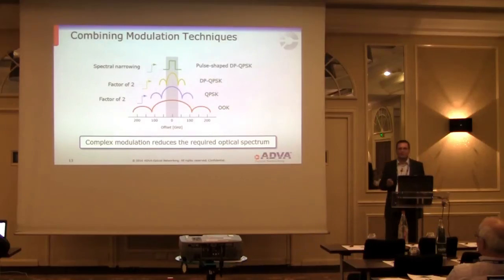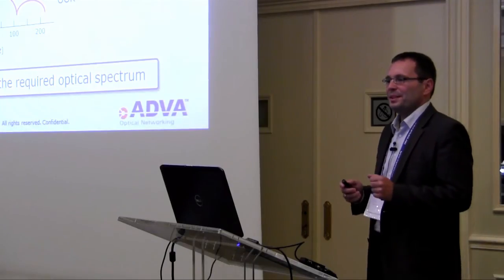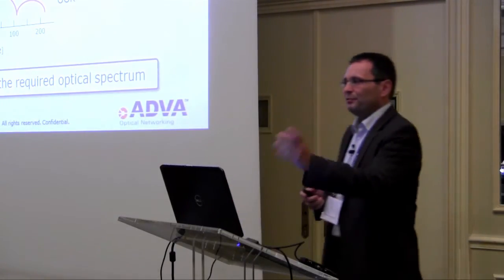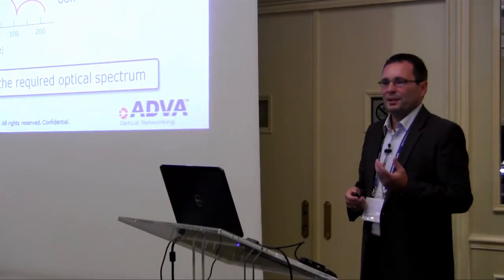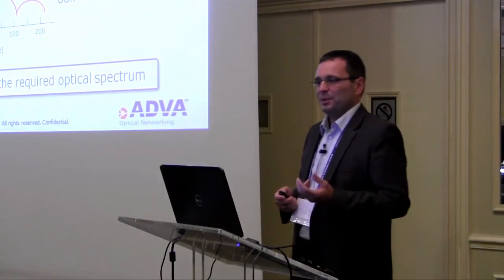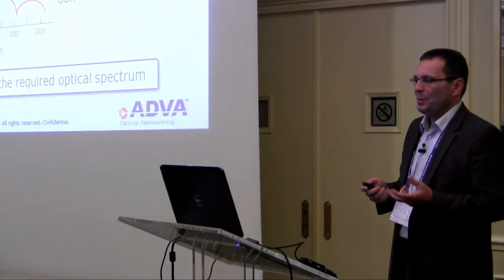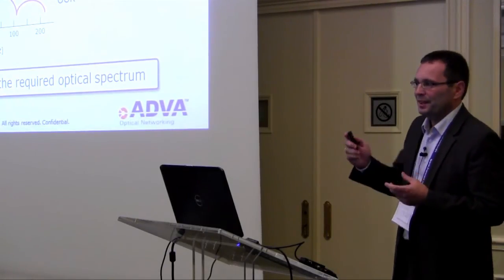A little bit in this case means by a factor of 2. If we use polarization multiplexing, DP stands for dual polarization, then we can narrow it even further, again by a factor of 2. And if we use some pulse shaping filters, we really fit it into this gray bar, so into our spectrum. That's basically what we're doing, and that's basically the reason why we need complex modulation schemes to get a lot of data across the fiber.